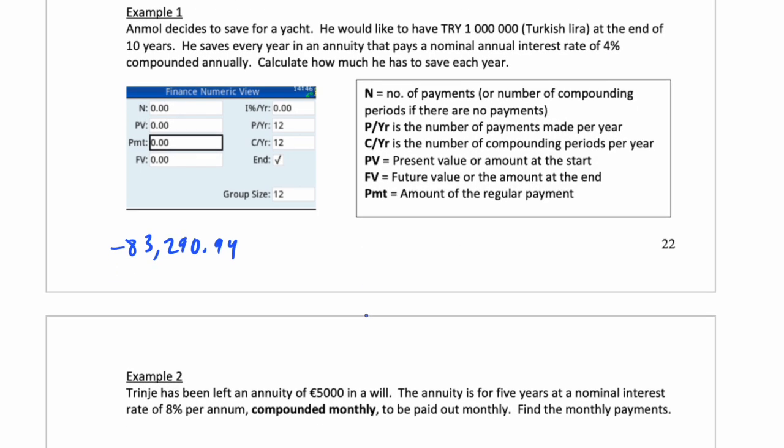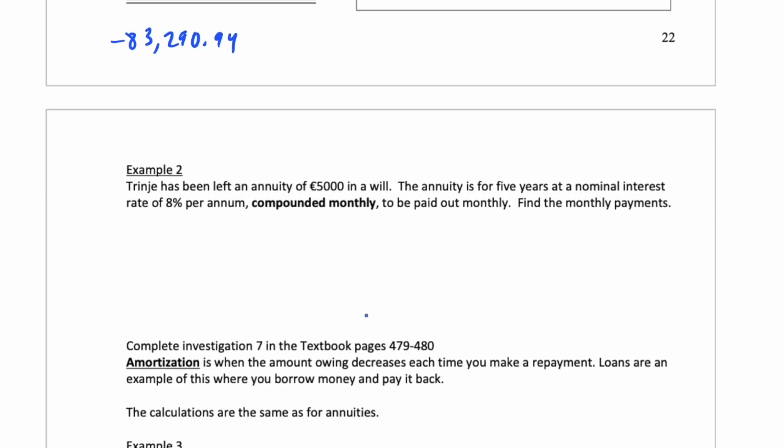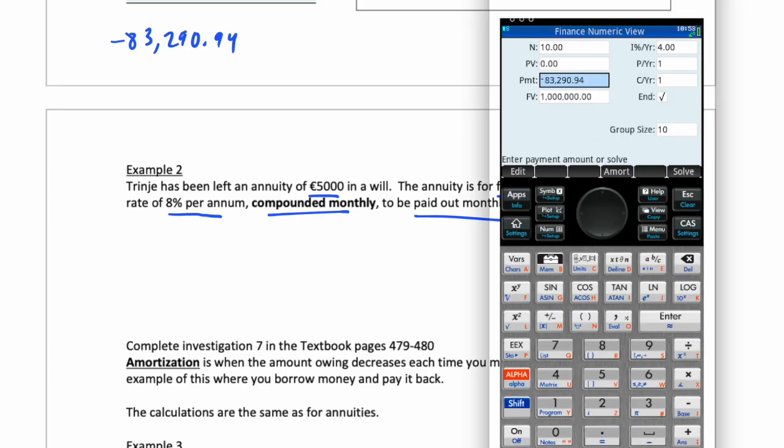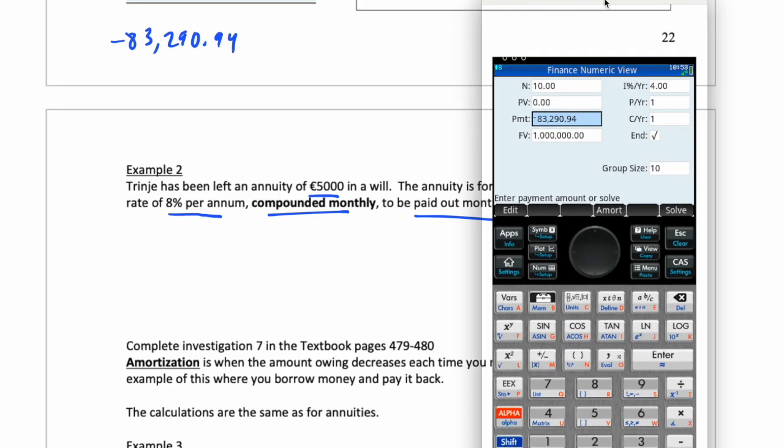All right, so let's look at some more examples. Okay, Trinier has been left an annuity of 5,000. Okay, we got 5 years. It's 8% per year, compounded monthly, paid out monthly. So let's see how much the payments are going to be. This is monthly for 5 years. So the N is the number of payment periods.